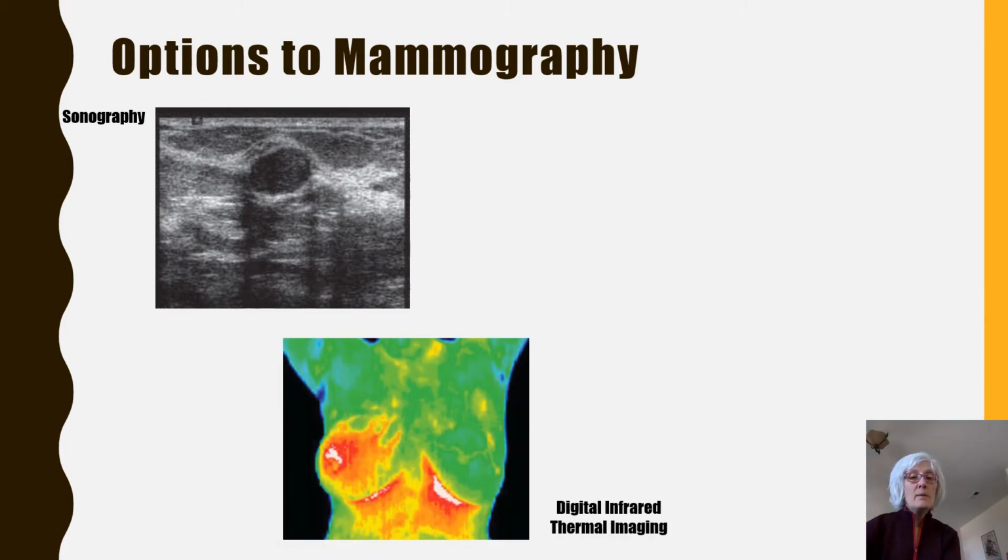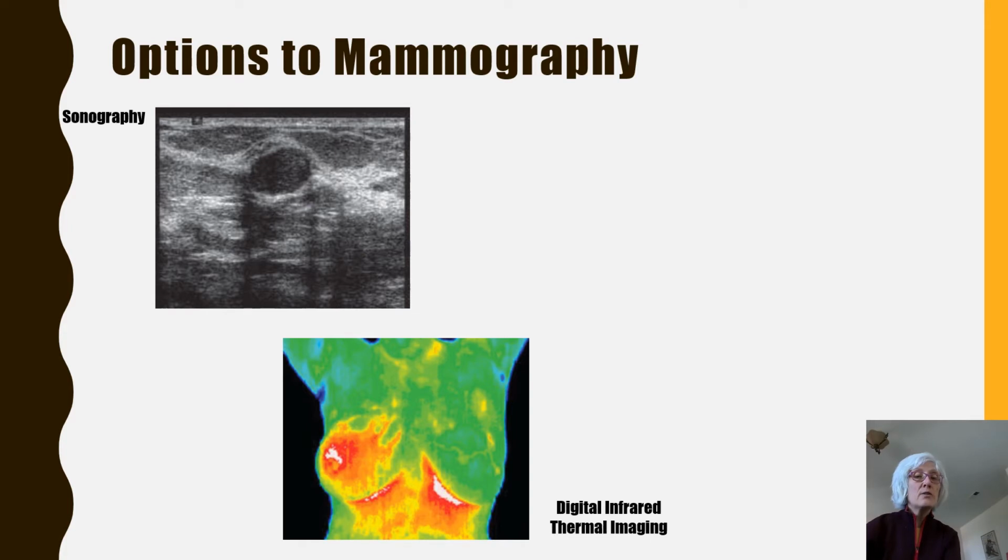Another option is infrared thermal imaging, and thermal imaging depends upon the fact that cancer cells are much more metabolically active, meaning that they're growing much more quickly, so they're using nutrients and producing waste, and that metabolism produces heat, and therefore that heat might be detected through this thermal imaging.